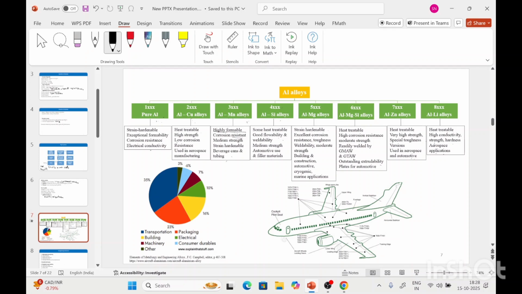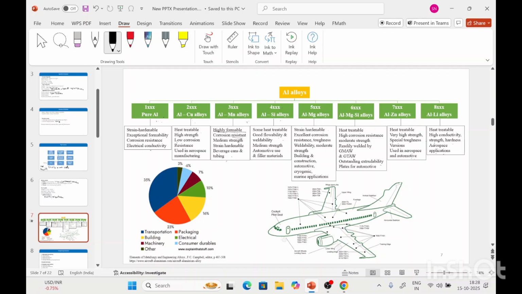These alloys have outstanding extrudability, and plates for automotive.